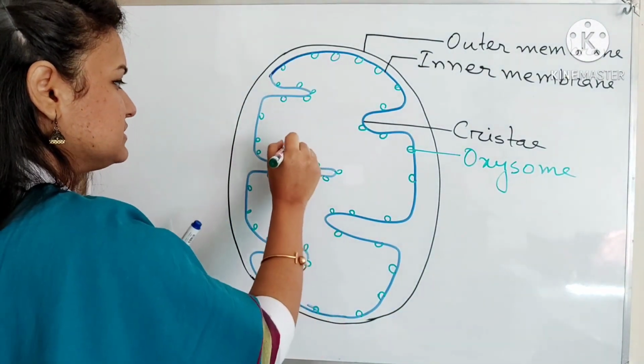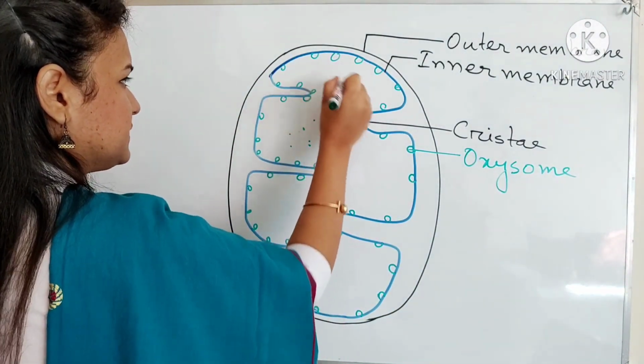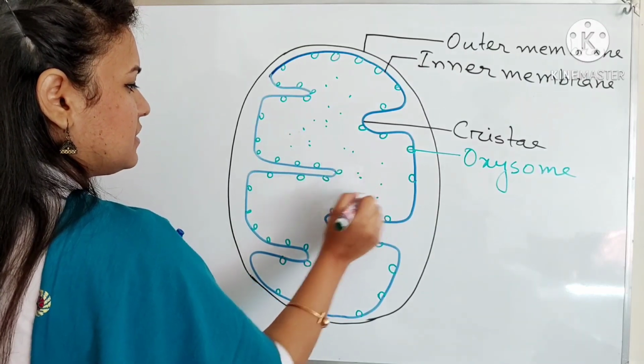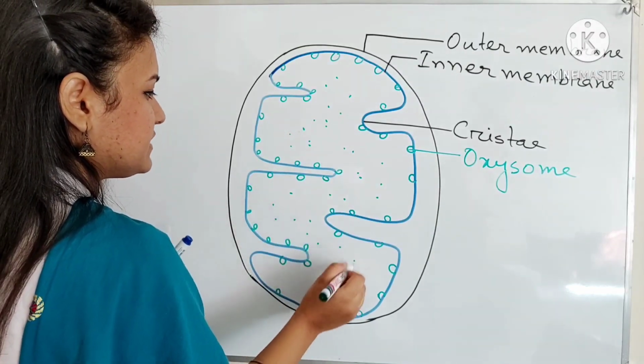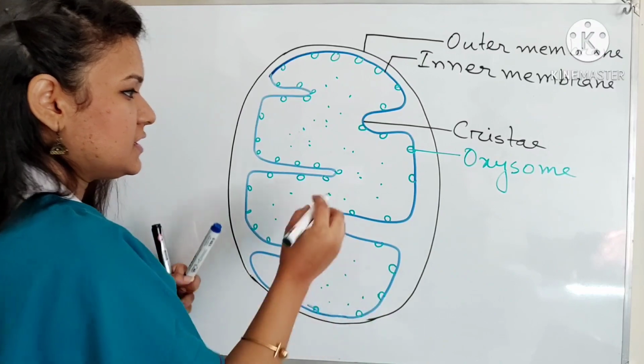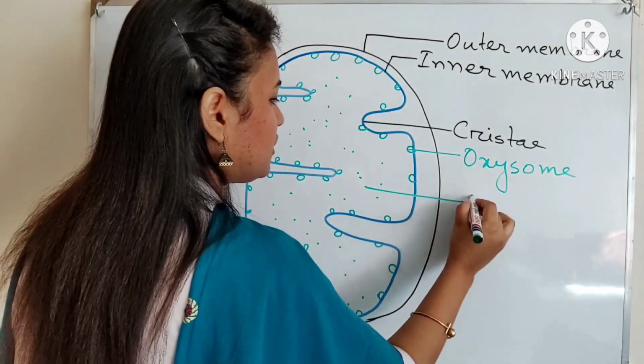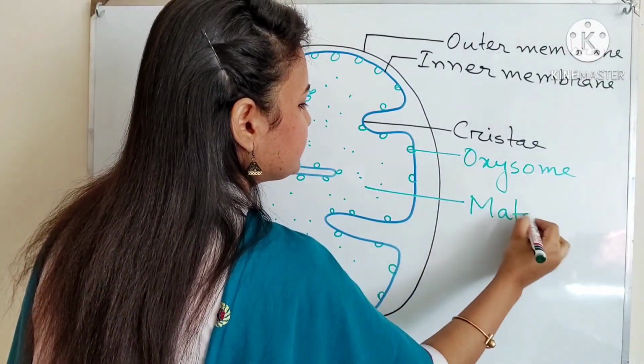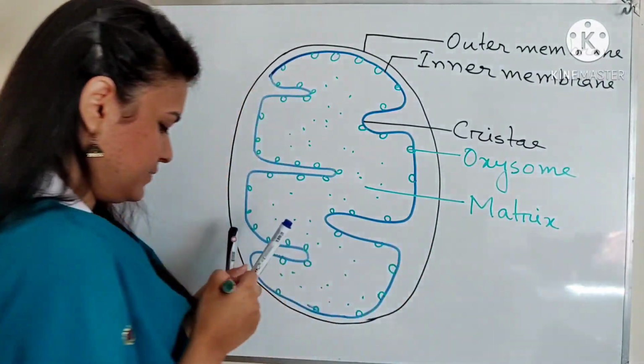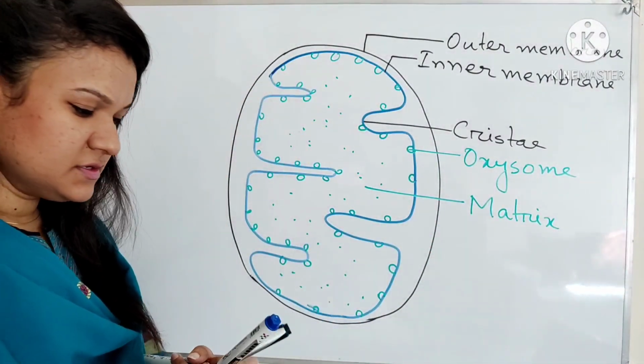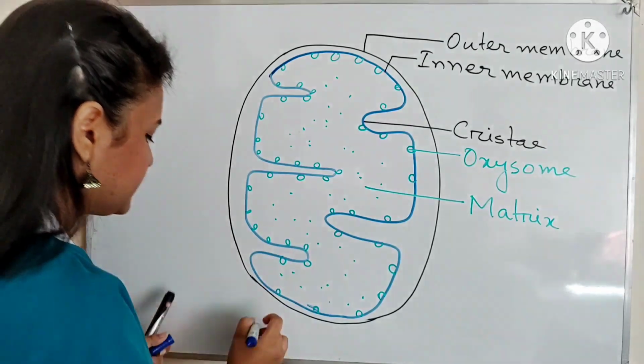And this is the space inside the inner membrane, and this space is called matrix. So this is the structure of mitochondria.